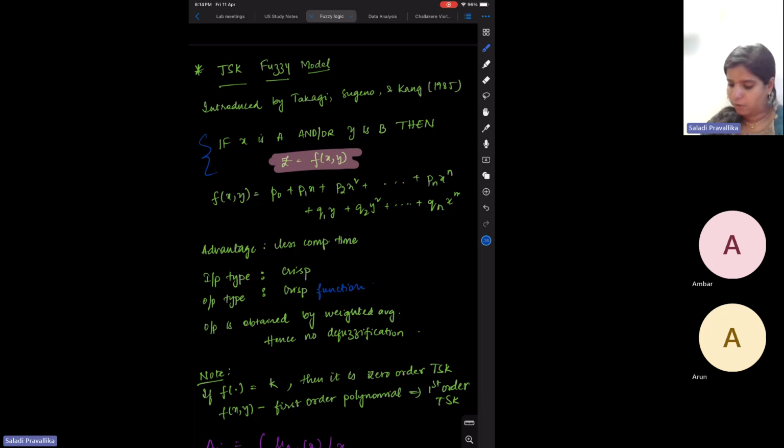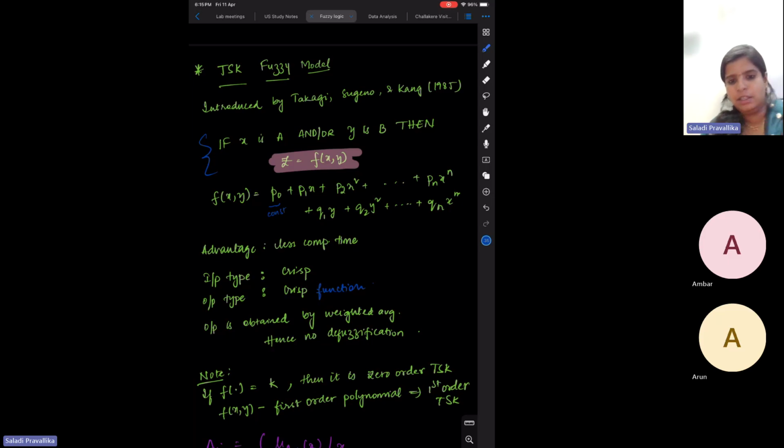So this f of x comma y can be represented as p naught, which is a constant. That's the only constant in the entire equation. And then we have p1x plus p2x squared plus so on till pn x to the n, plus q1y plus q2y squared plus so on till qn y to the n.